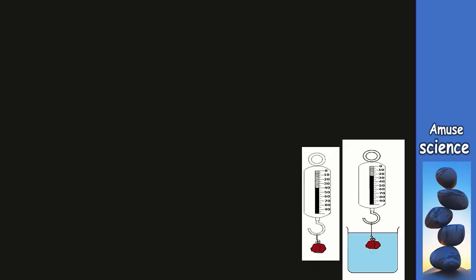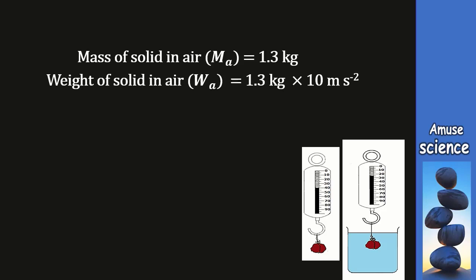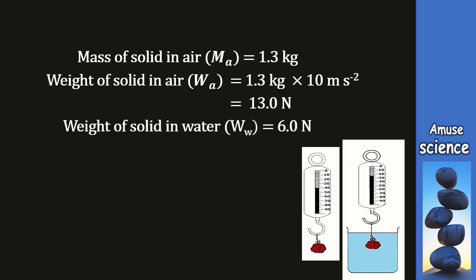We know that the mass of the solid in air is 1.3 kilograms. Now let's use it to find the weight of the solid in air. It will give us 1.3 kilograms multiplied by the acceleration due to gravity, which is 10 meters per second squared. And this is going to give us 13.0 newtons. The weight of the solid in the water is 6.0 newtons.